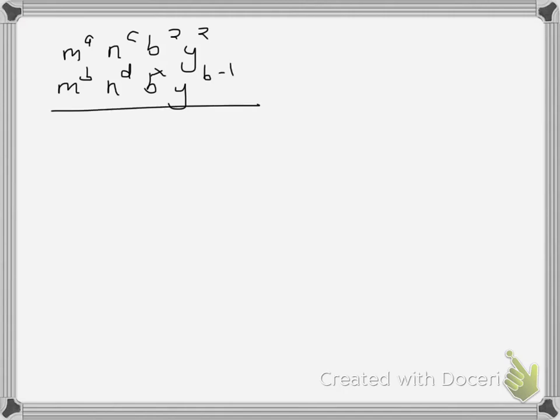If I had m to the a, n to the c, b squared, y squared, and I want to multiply that by m to the b, n to the d, b to the x, and y to the b minus 1. So that looks kind of interesting. I need to only multiply together when I have the same variable as my base, right? So you have to combine them this way.